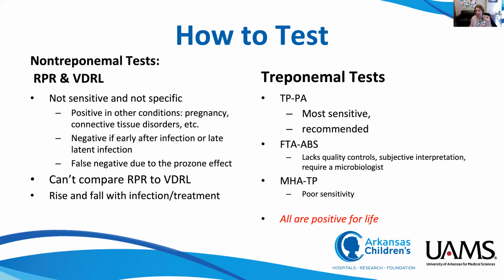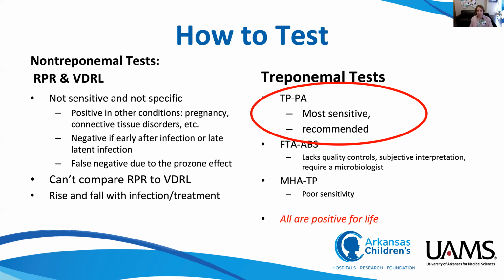All of these treponemal ones over here on the right are positive for life. So you cannot monitor response to therapy with those. Unlike the RPR and the VDRL, you can monitor therapy with. So when you're ordering a treponemal test, the TPPA is the one you really should be recommending and should be obtaining.